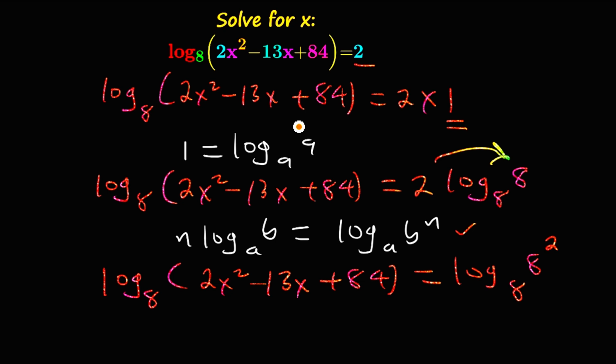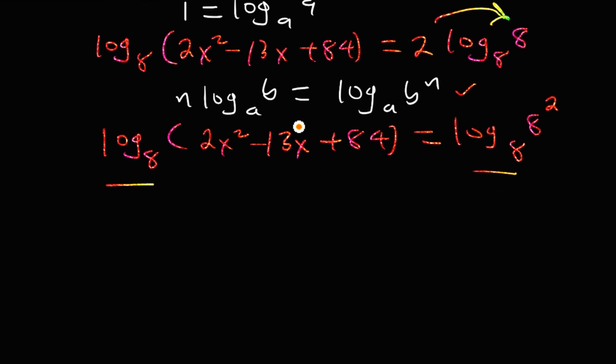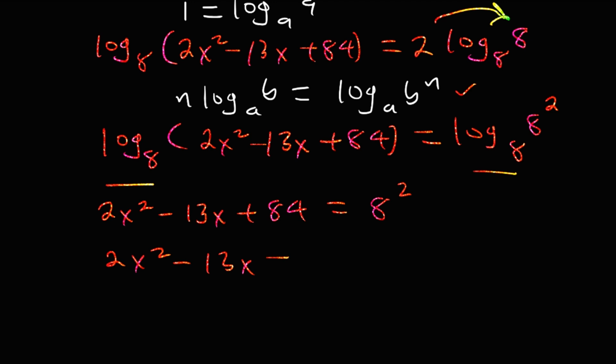So now we have log to base 8 being equal to log to base 8. So it means the numbers are also equal. So we have 2x squared minus 13x plus 84 is equal to 8 squared, which is 64.